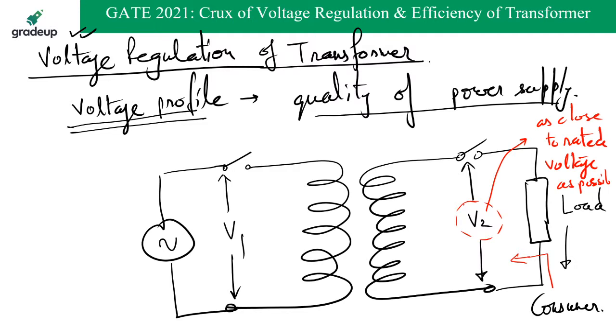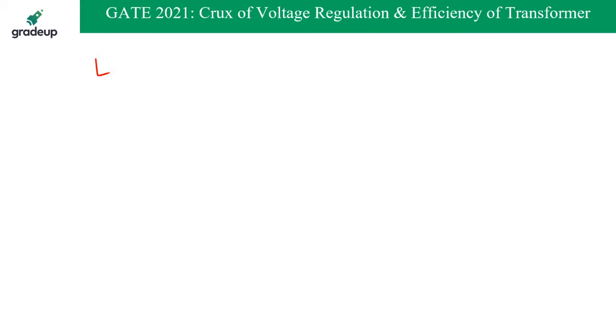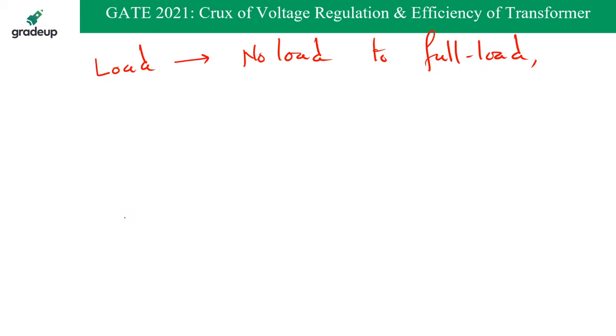Now this terminal voltage is definitely going to depend upon how much load you are applying. It is not going to be a constant voltage throughout the load variation. The maximum range in which you can vary the load is from no load to full load.